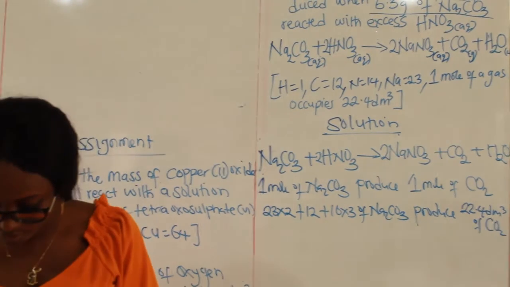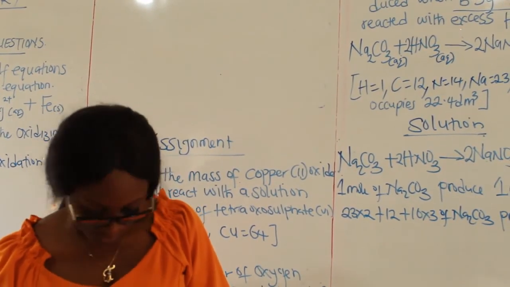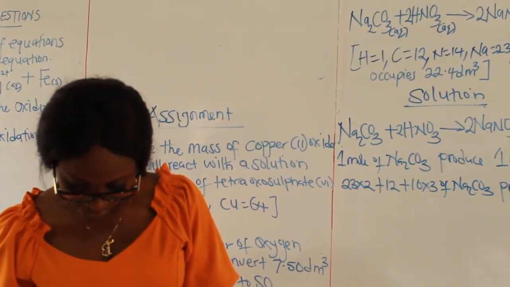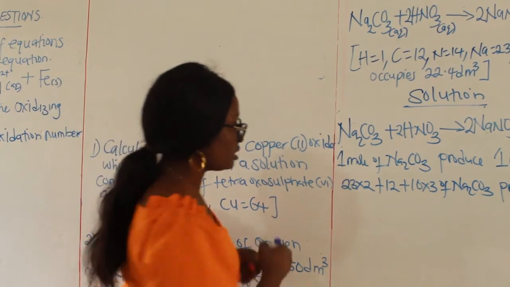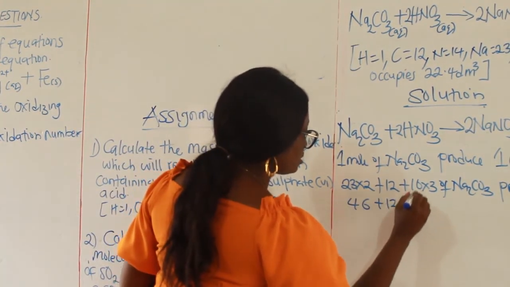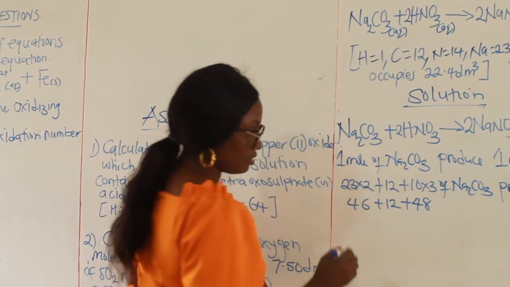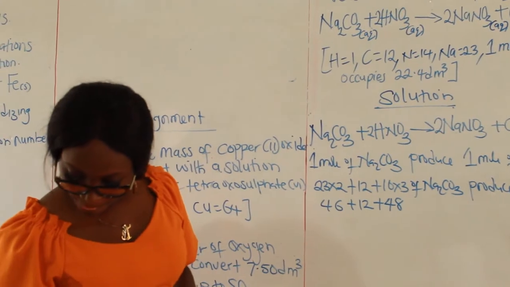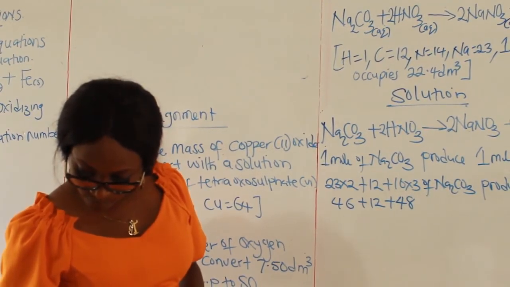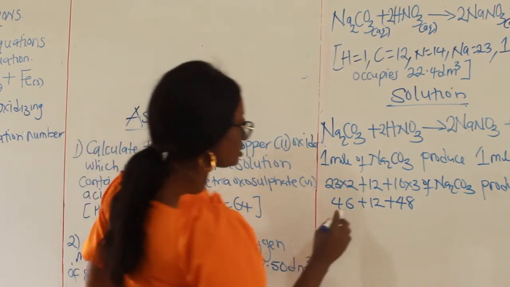This is my calculator. We have 23 multiplied by 2. This is 46. 46 plus 12 plus 16 multiplied by 3 is 48. Okay, so let's just do total. 46 plus 12 plus 48, that's 106.